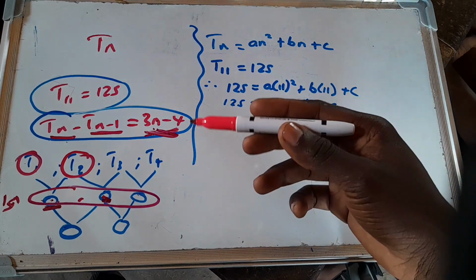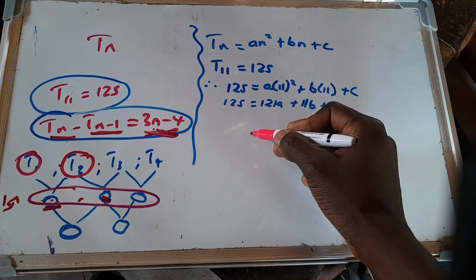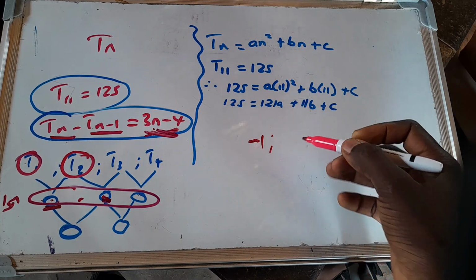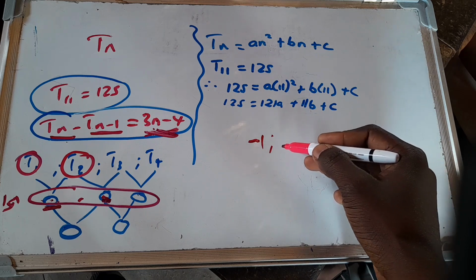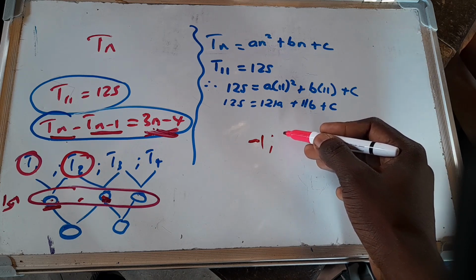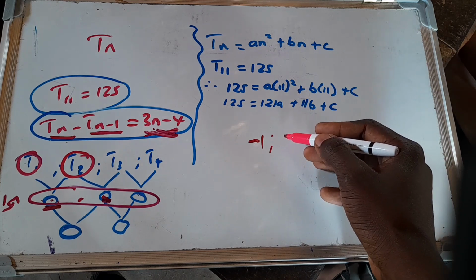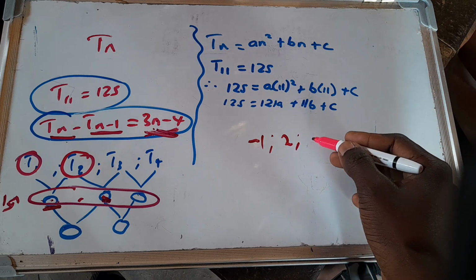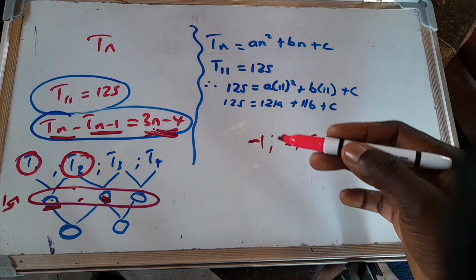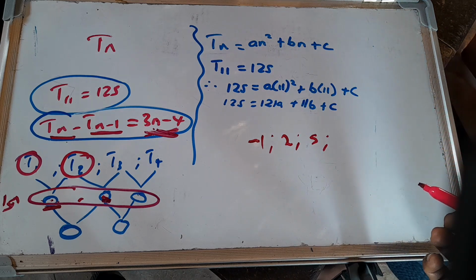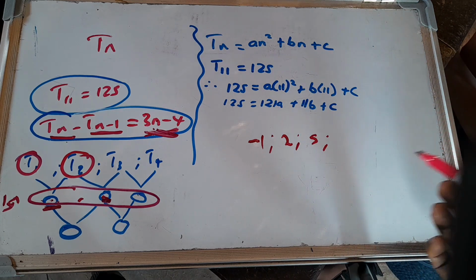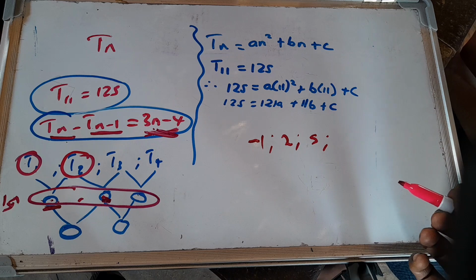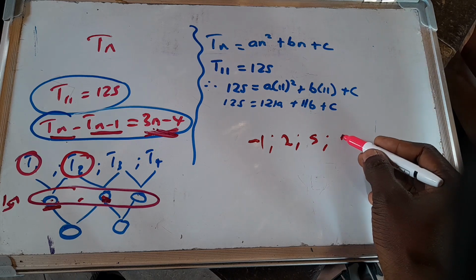If we substitute 1, what do we get? Minus 1. If we substitute 2, we get 2. If we substitute 3, we get 5. And if we substitute 4, it's going to be 8.